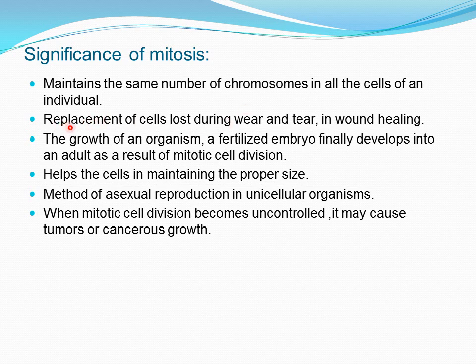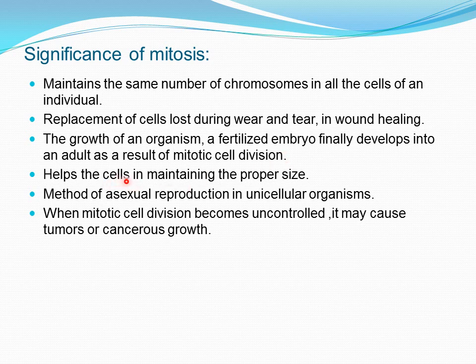Now next point, it plays a significant role in the replacement of cells which are lost during wear and tear and in wound healing. It is also responsible for the growth of an organism. A fertilized cell develops into an embryo and finally into an adult as a result of this mitotic division.